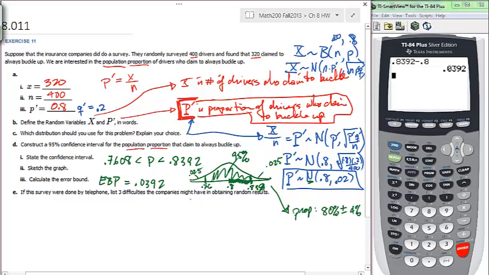Okay. Last one: if this survey were done by telephone, list 3 difficulties companies might have in obtaining random results. So this is going back to chapter 1 and talking about effectiveness and biases of the samples. If we were to do this survey by telephone, the insurance company surveying, we might not get a good sample because it'll be a voluntary survey.